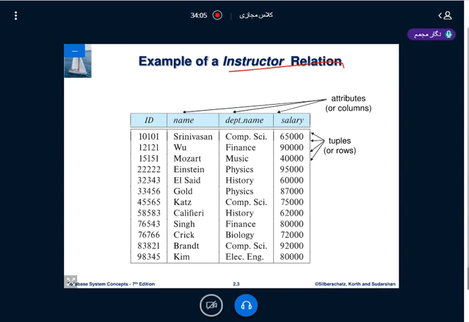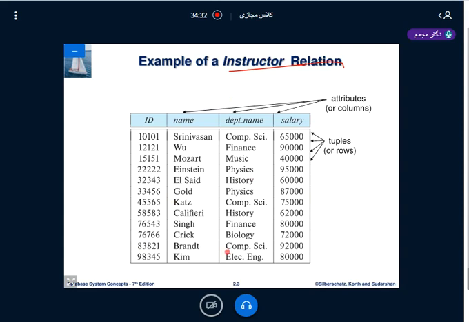In a database system we want to store data. Then our data is composed of some attributes and some tuples, and we show our data in a table.